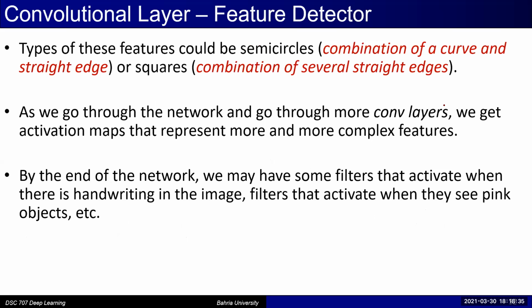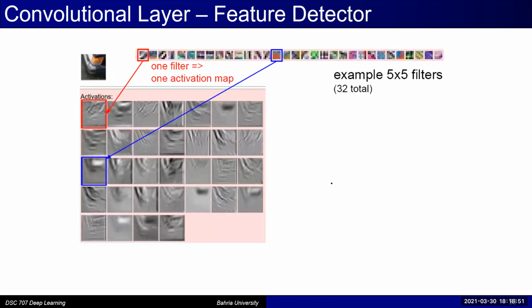So as you go deeper, you start learning more and more high level features, and maybe by the end of the network you have some filters which detect handwriting or a face or maybe a certain object, a chair or a table, right? Because by that time you have many layers of convolution which are learning high level data specific features, right?